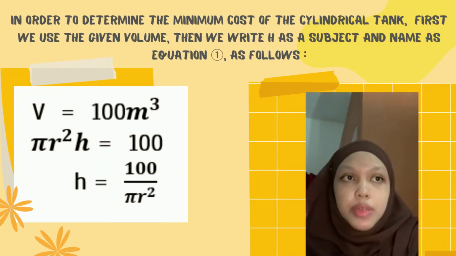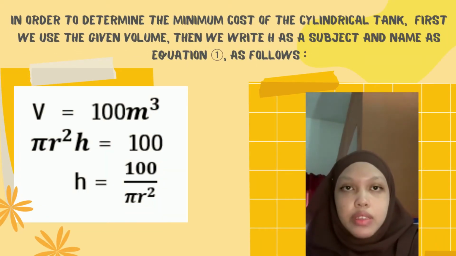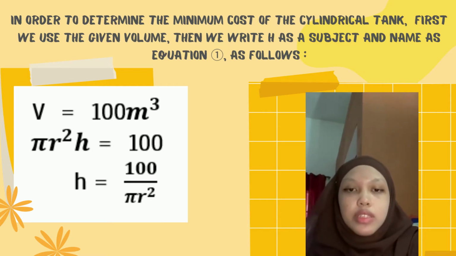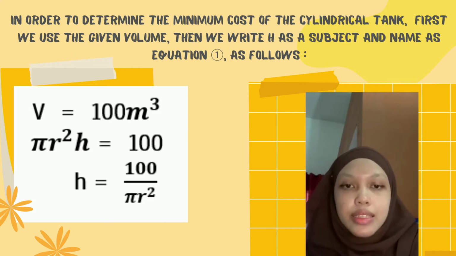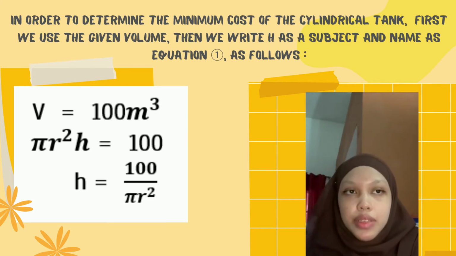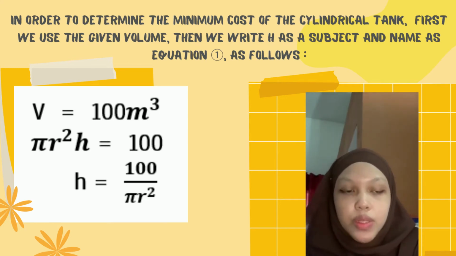In order to determine the minimum cost of the cylindrical tank, first, we use the given volume, then we write h as the subject and name it equation 1 as follows.